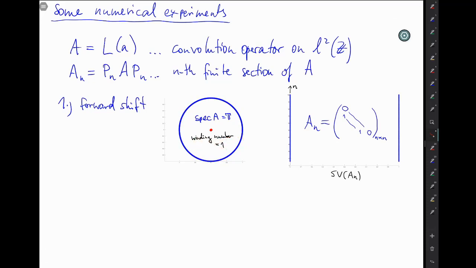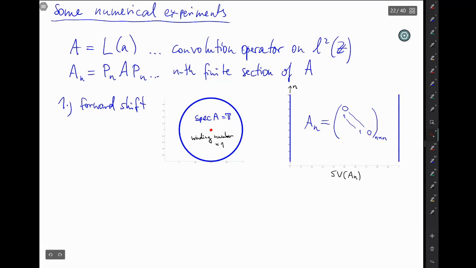Okay, and then here we have this n axis where n was running up to 100, and for every such n we were plotting the set of singular values of A_n. And if you look at this finite section A_n, then it looks like this. And you easily see that you have a one-dimensional kernel.